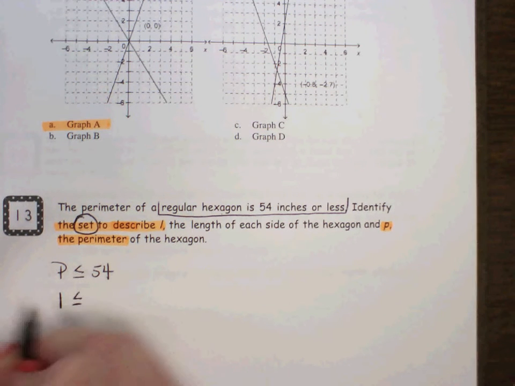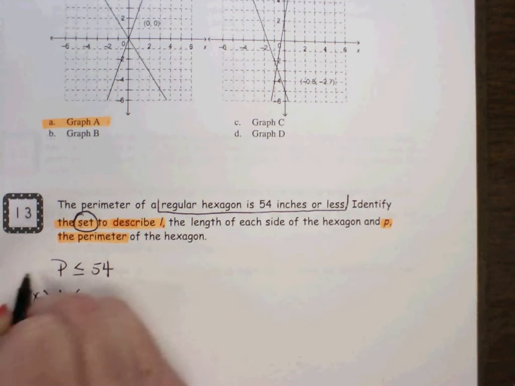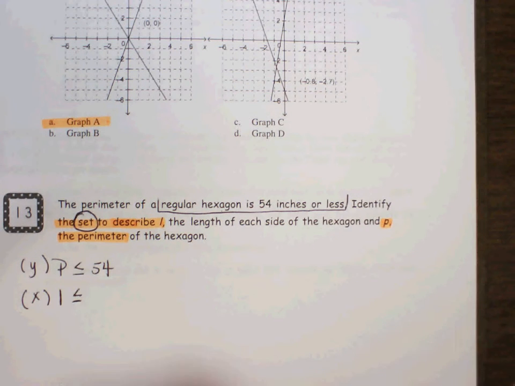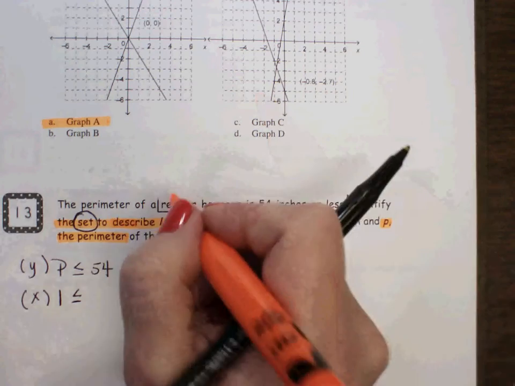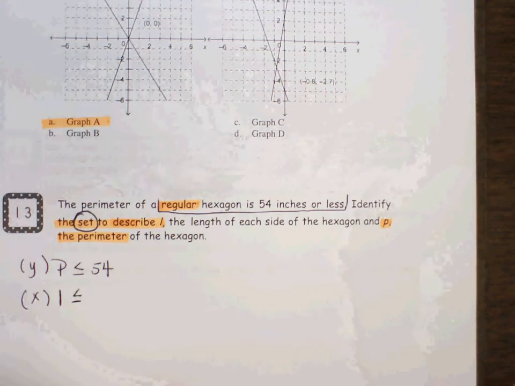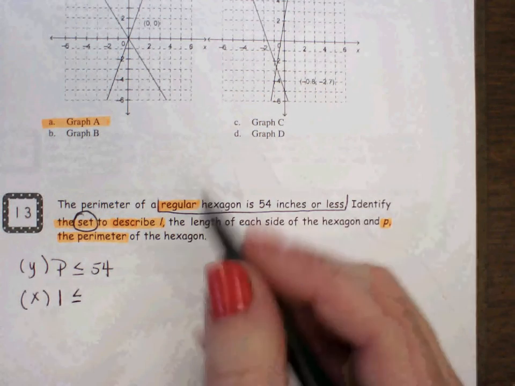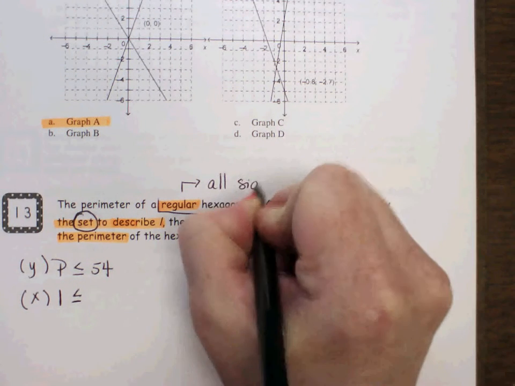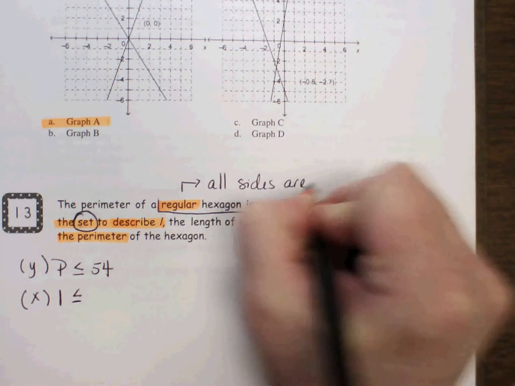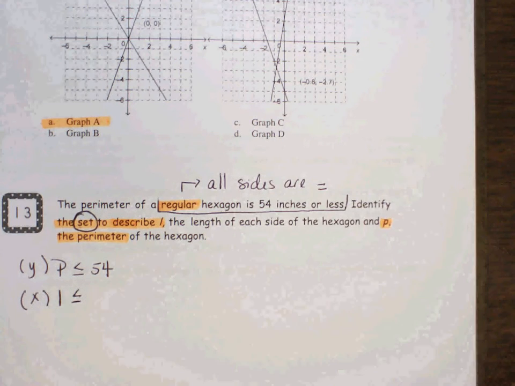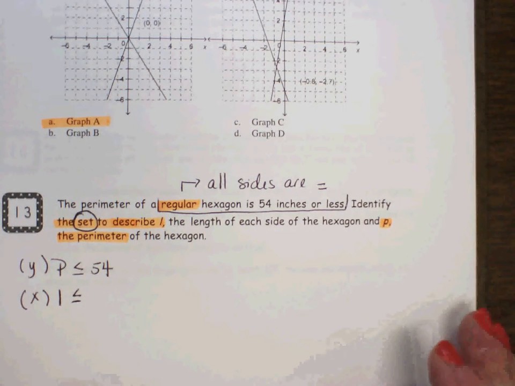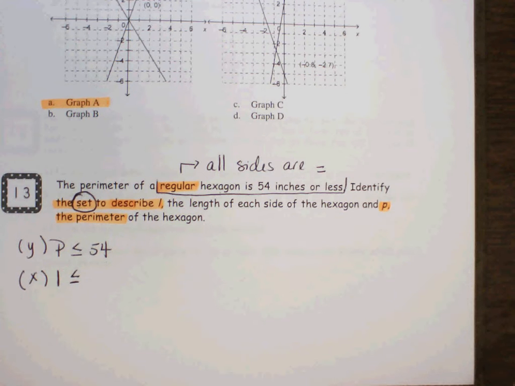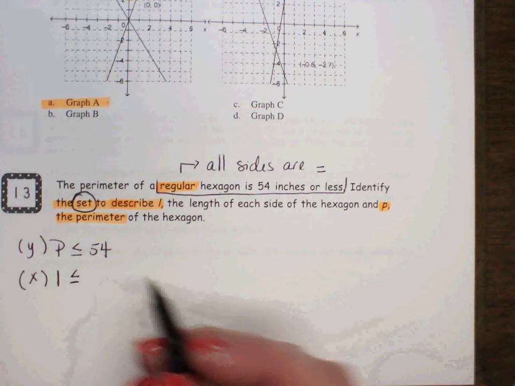Now, what changes what? Well, the length changes the perimeter, which means length would be your x, and perimeter would be your y. Now, a regular hexagon, you have to know what that is. The definition of a regular hexagon is that all sides are the same. All sides are equal.